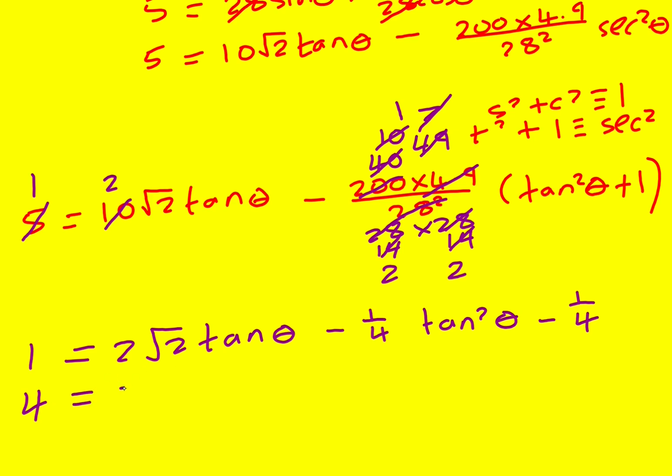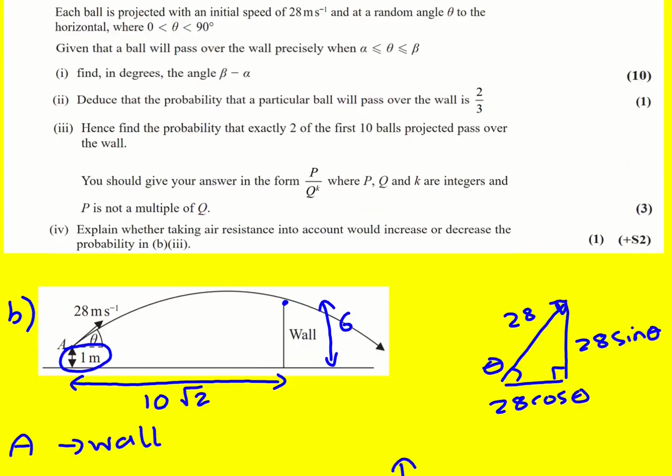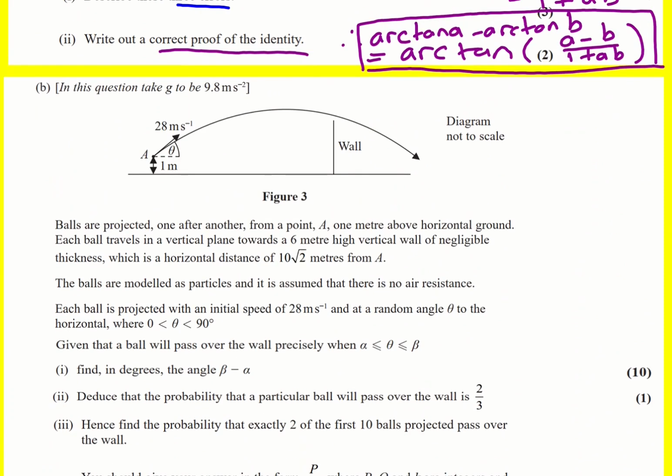So 4 equals 8 root 2 tan theta minus tan squared theta minus 1, which means we're getting there nearly. Tan squared theta minus 8 root 2 tan theta plus 5 is equal to 0. Oh, okay. That was quite a lot, wasn't it? That's harder than your typical question on equations of motion.